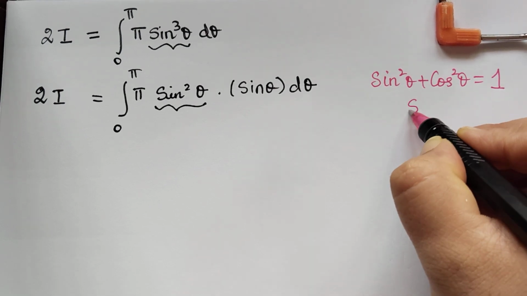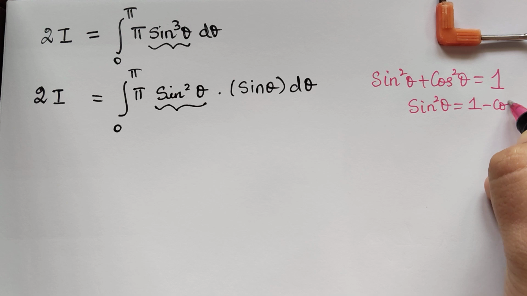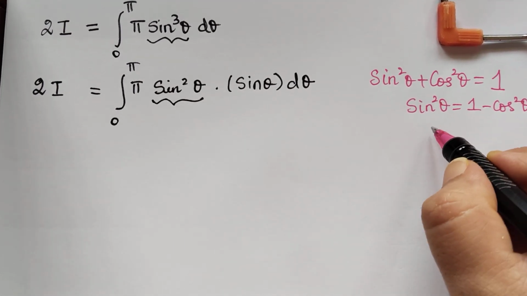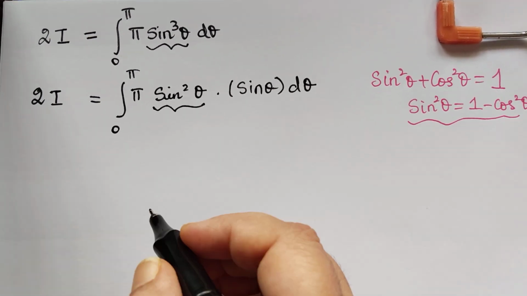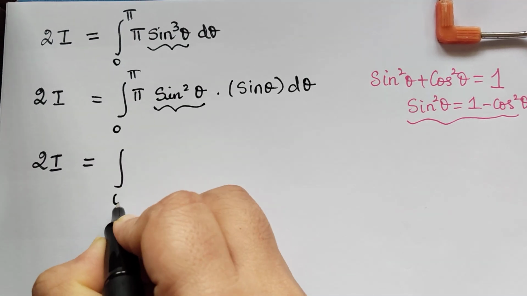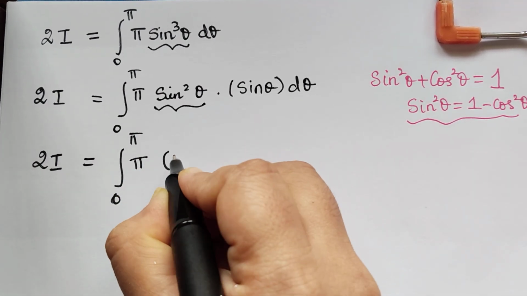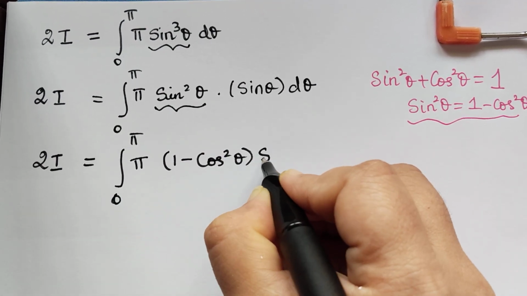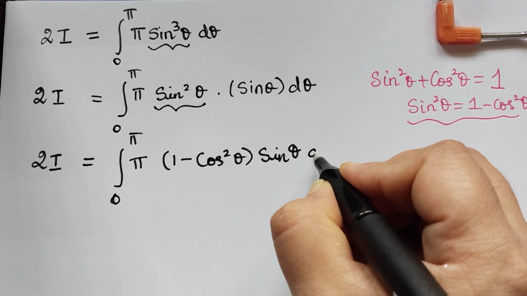So sine squared theta equals 1 minus cos squared theta by the trigonometric identity. When we use this identity, 2I is equal to integral 0 to pi, pi multiplied with, instead of sine squared theta, 1 minus cos squared theta multiplied with sine theta d theta.